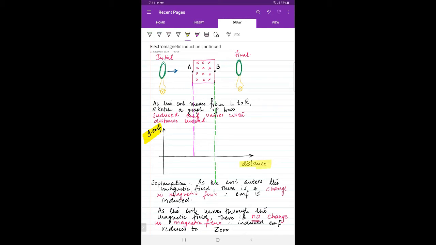For your convenience, I've labeled two points A and B. At point A the search coil will enter the field, at point B it exits the field. So how would the shape of the graph look?